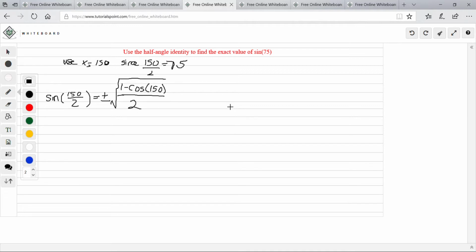Okay, so that equals plus or minus the square root of 1 minus cosine of 150, which is negative root 3 over 2, so it's 1 minus a negative root 3 over 2, divided by 2. So that becomes positive, positive. And for this 1, let's just use 2 over 2, because that's the same thing as 1.